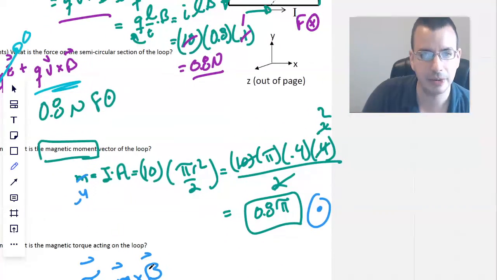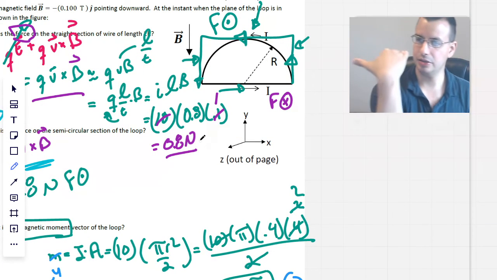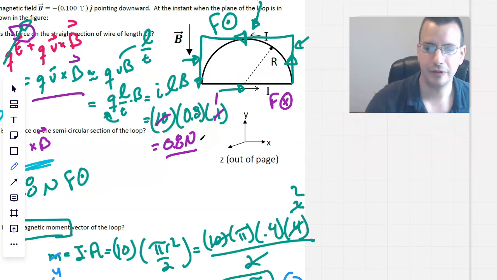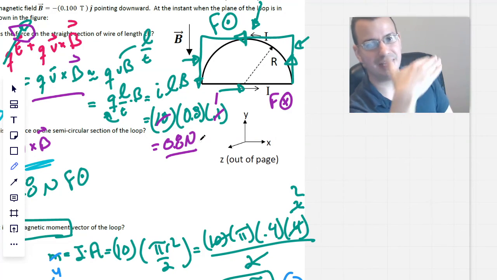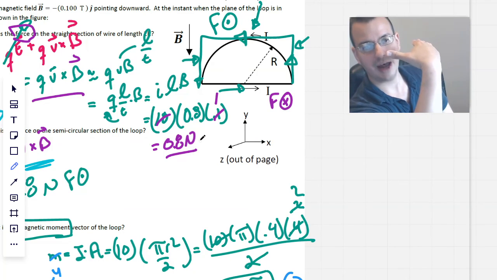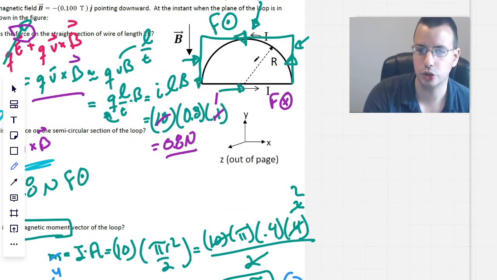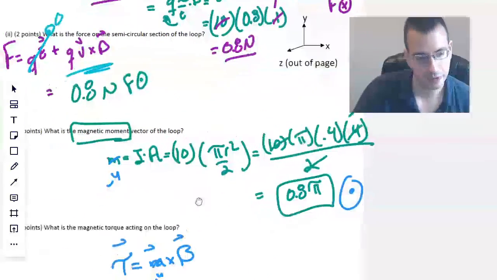So we do this magnetic moment pointing out of the board, cross B, which is going down, and the webcam is flipped, so it's going to look crazy. I should be doing this with my left hand. Not that talented. So magnetic moment out of the board, cross B, I get a torque that's to the right. So torque is going to be to the right.